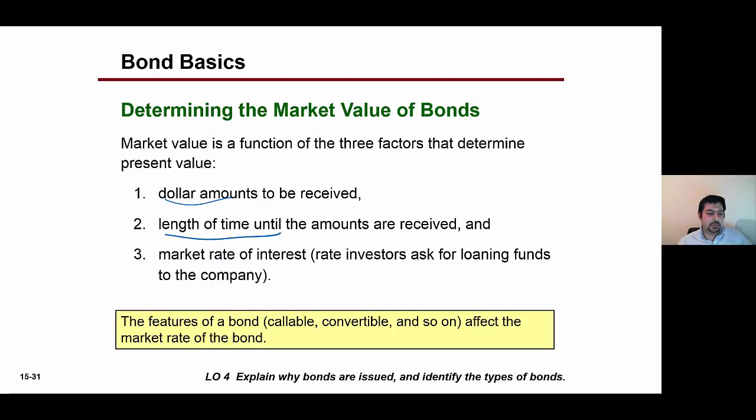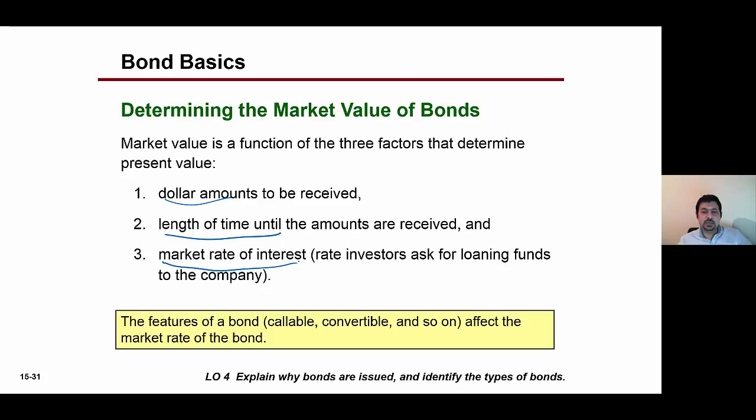And finally, it also depends on the market interest rate compared to the contractual interest rate. The contractual interest rate is the interest that this bond will be paying. On the other hand, the market interest rate is the interest rate of the bonds that are being paid by similar bonds in the market.